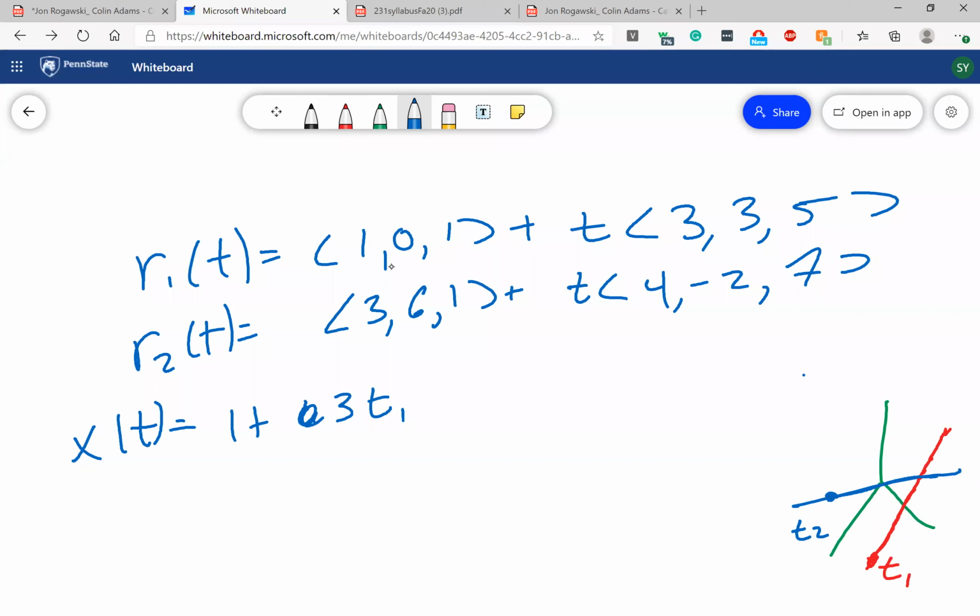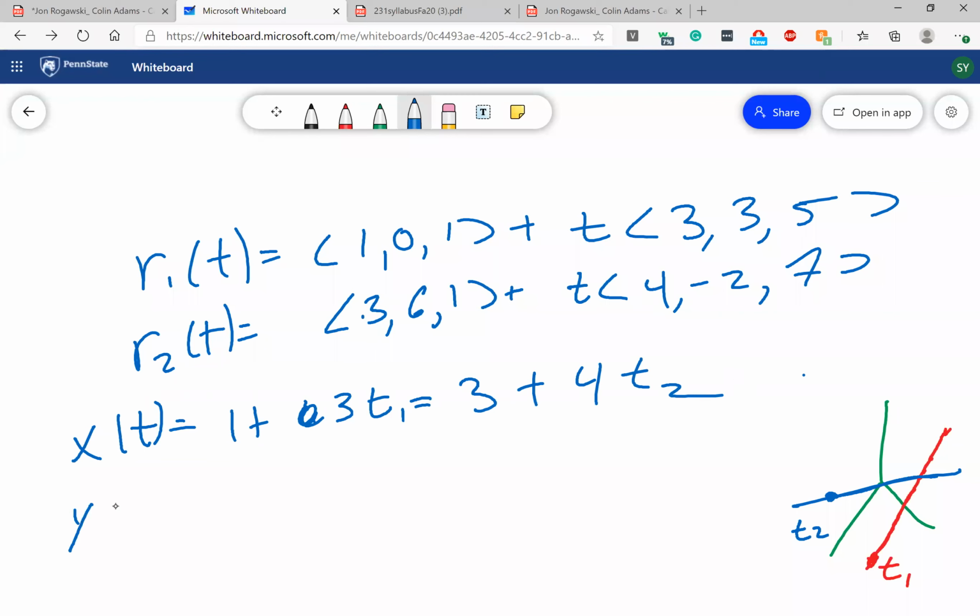So t1 is for the first line, and this is equal to the x-coordinate for the second line, R2, which is 3 plus 4t2. Okay, that's for our x-coordinate.